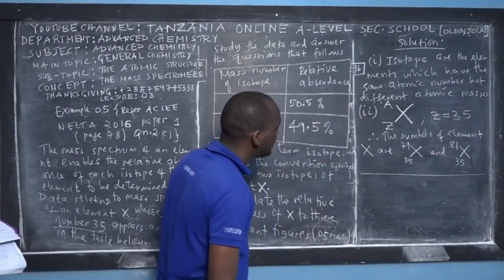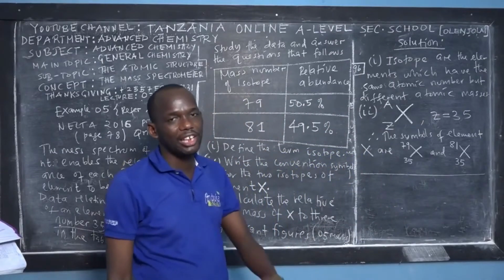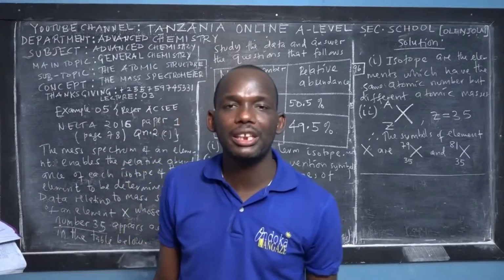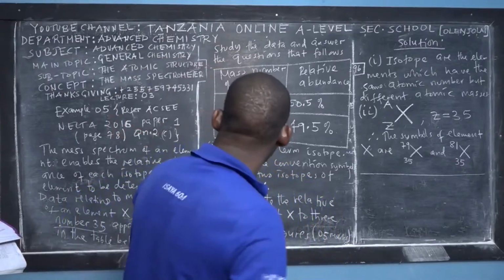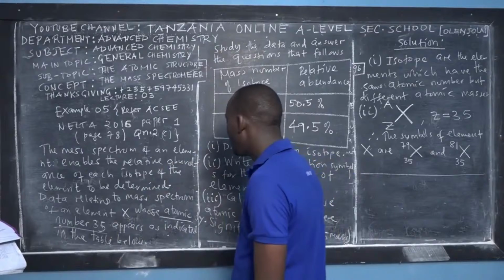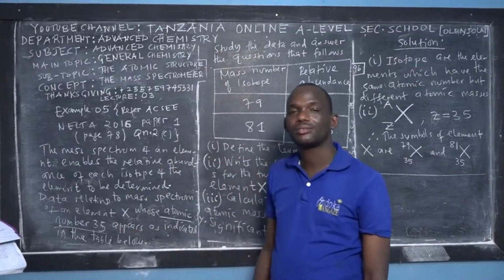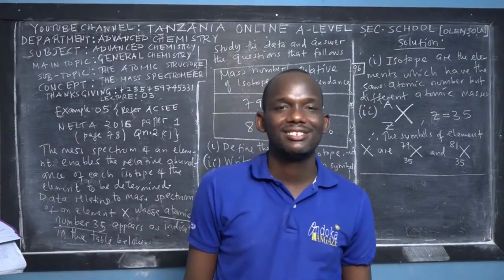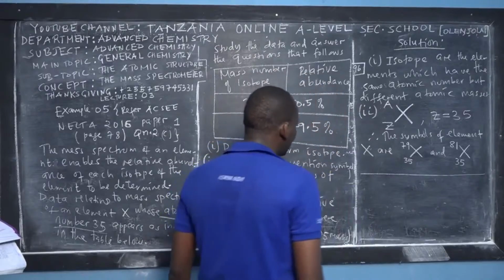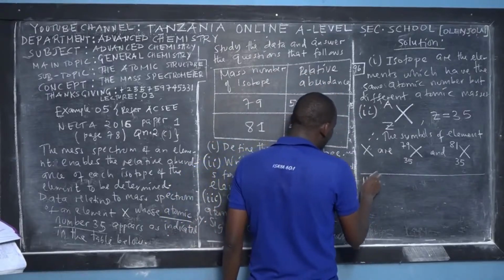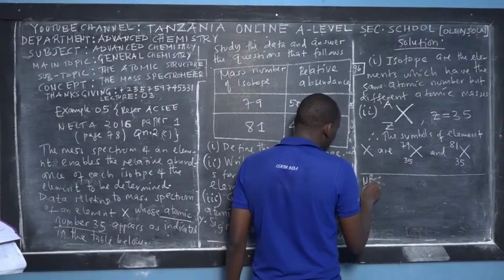The second condition that I want to challenge you with: what if the atomic number is not given? What if, for example, you are given a question like this one, but the atomic number is not given? How are you going to write? This is just like a note, extra. I want to take you an extra mile.